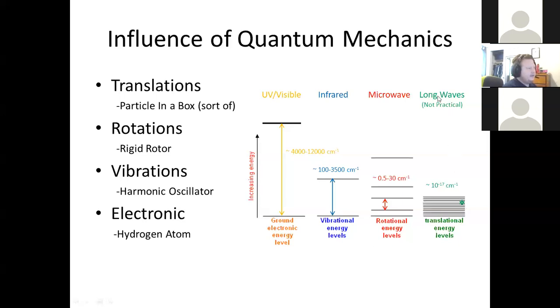And then it's not very practical, but this energy is so small, you would need, in the electromagnetic spectrum, wavelengths that we would call long waves. And we really don't have any practical way of doing that. The closest we have is the LIGO detector that detects gravitational waves.